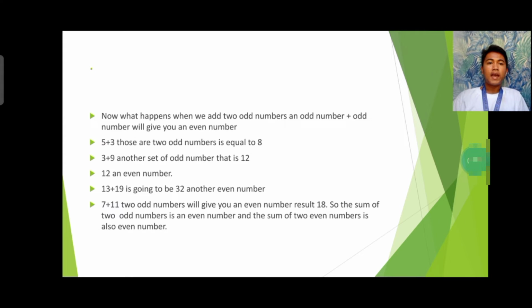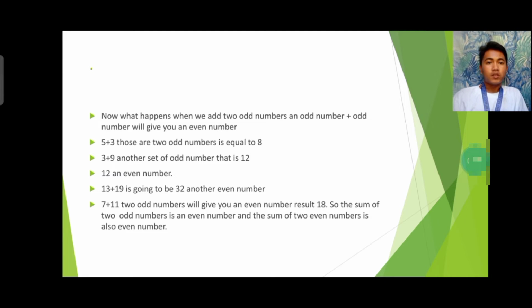Now, what happens when we add two odd numbers? When we add odd numbers plus odd numbers, it will give you an even number. Why? For example, 5 plus 3, those are two odd numbers, is equal to 8. So 8 is an even number.